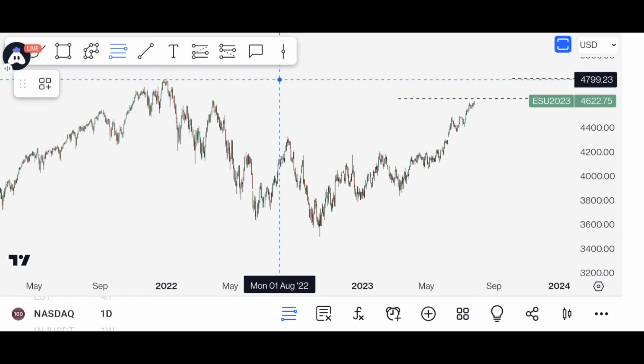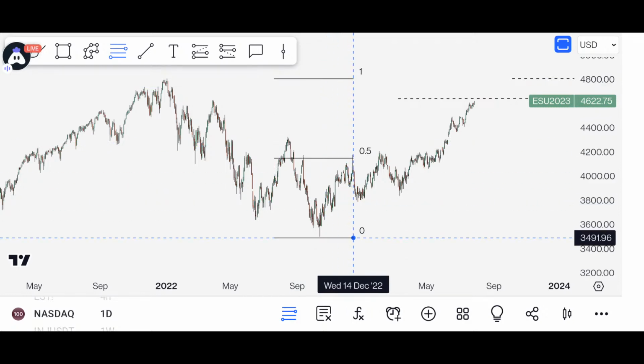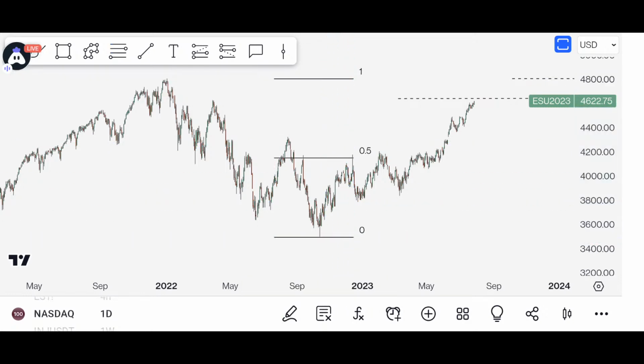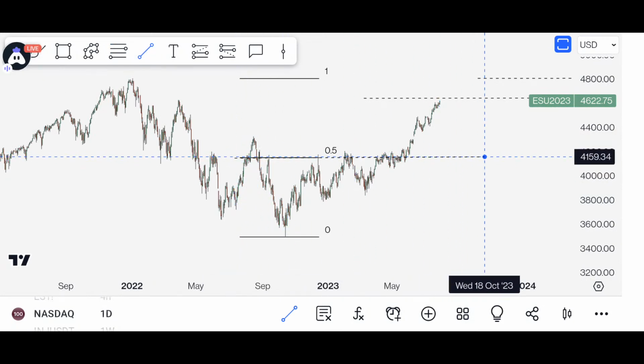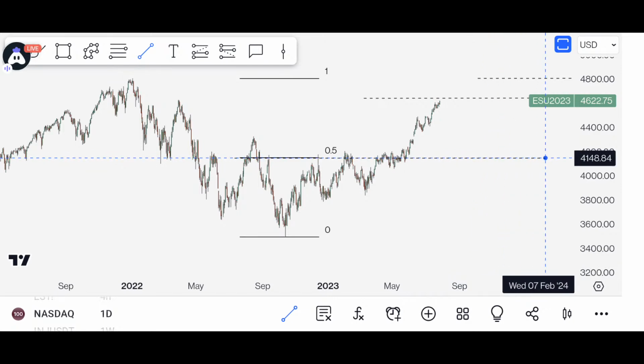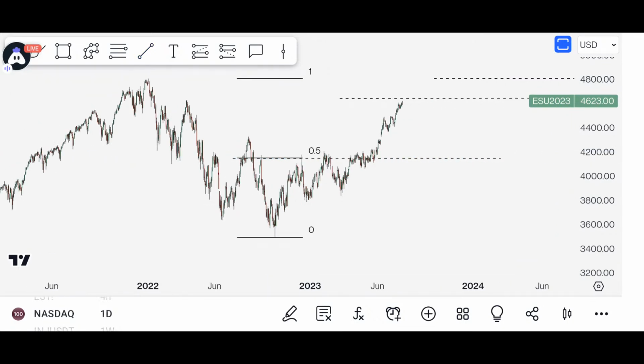So you can see this is the top, so I will draw a fib level from the top to this bottom. On the basis of this, this is the midpoint. Above it is the premium and below it is the discount market.